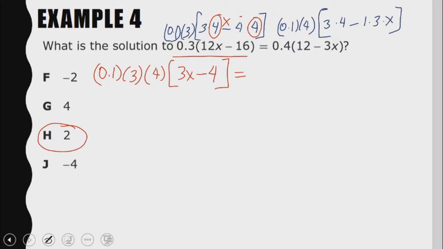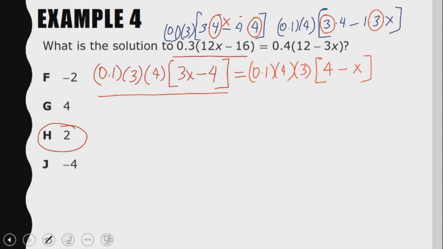If you are paying attention to what is going on inside this parenthesis, you can see that both terms have 3 in common. So we can bring the 3 out. The right-hand side will become 0.1 multiplied by 4 multiplied by 3 that I'm taking out of the parentheses. Then inside the parentheses, we have 4 minus x remaining.